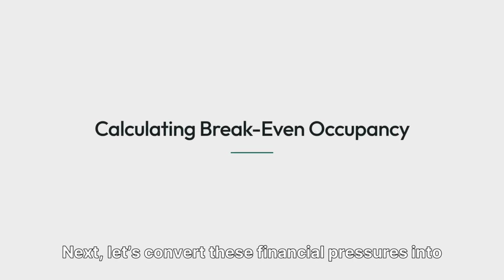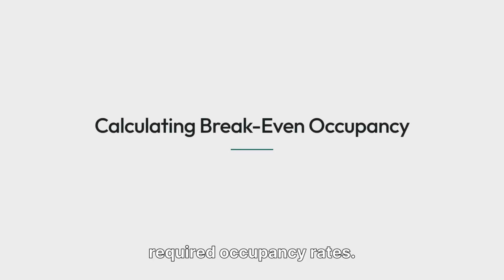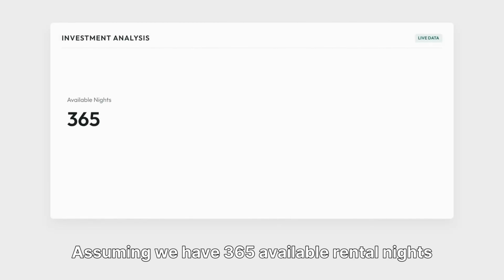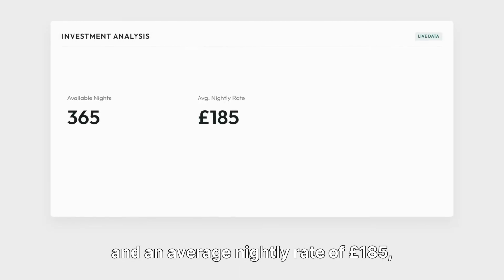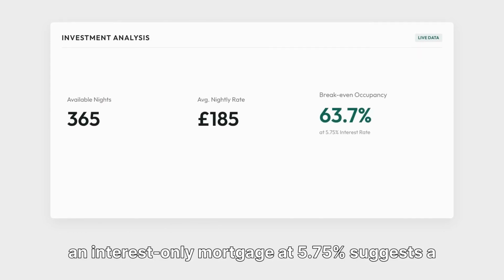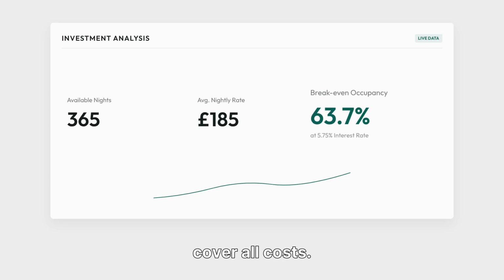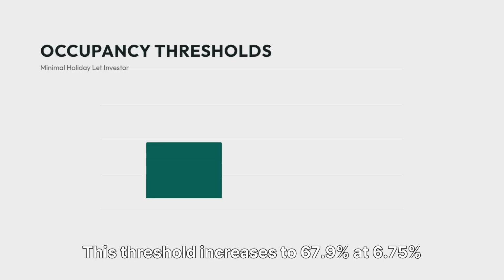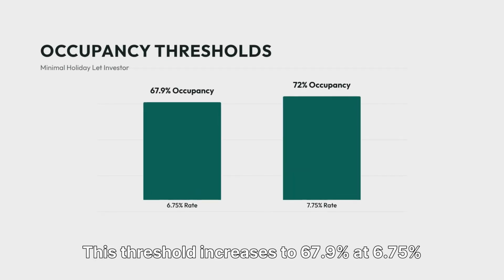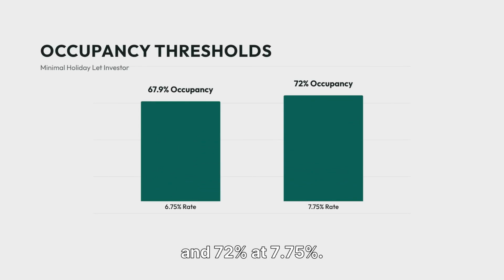Next, let's convert these financial pressures into required occupancy rates. Assuming we have 365 available rental nights and an average nightly rate of £185, an interest-only mortgage at 5.75% suggests a necessary occupancy rate of around 63.7% to cover all costs. This threshold increases to 67.9% at 6.75% and 72% at 7.75%.